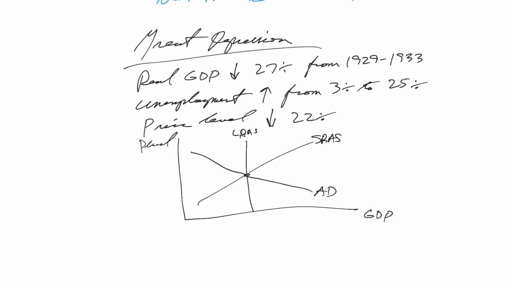Okay, we start out here in equilibrium. There's our equilibrium price. Here's our equilibrium quantity. All right, so what happened? The Great Depression was the result of an enormous decline in aggregate demand.